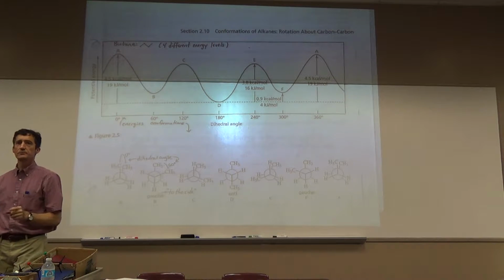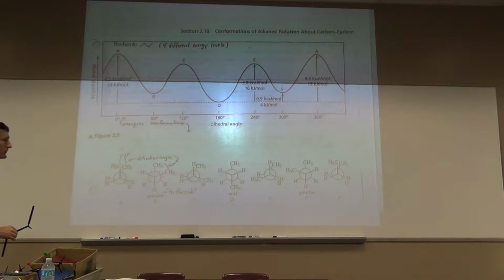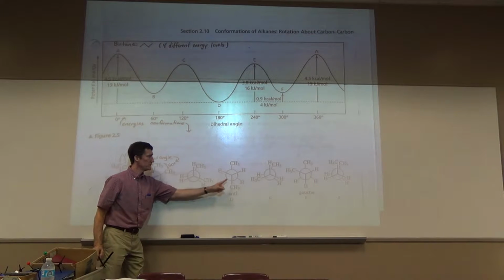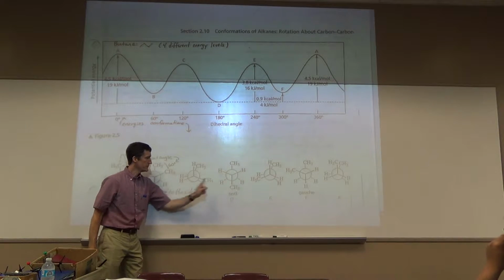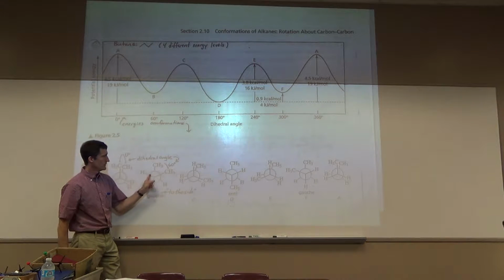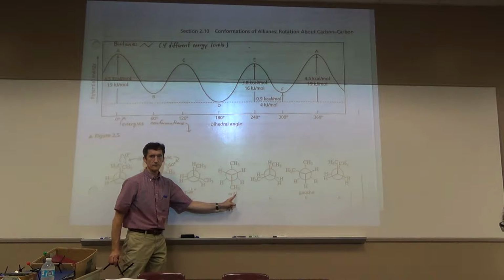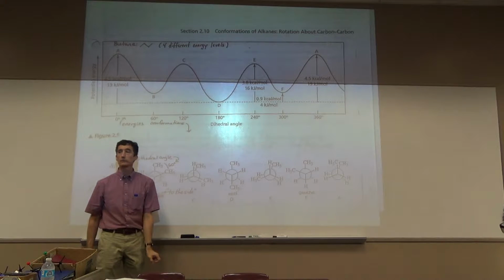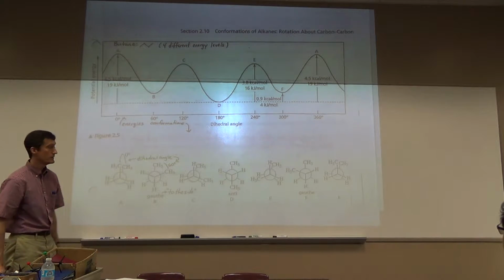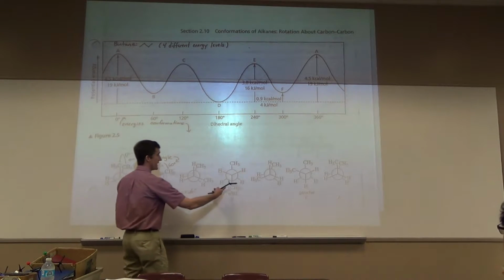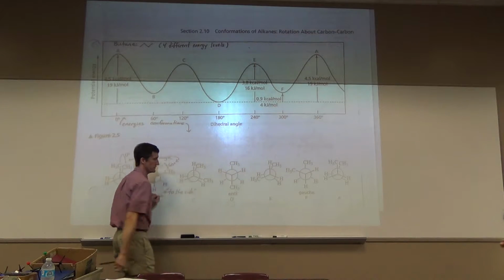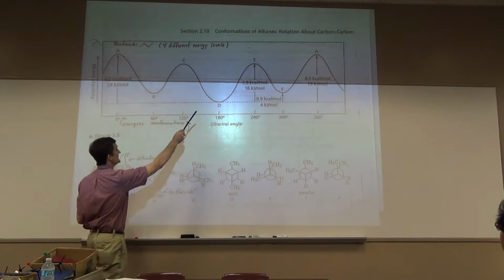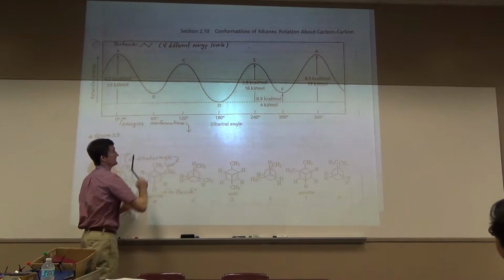You always want your biggest groups furthest apart. Which one of these has groups furthest apart? 60 degrees or 180? Here, biggest groups further apart. So while they're both staggered, this staggered is better. So that's why D is lower than B.